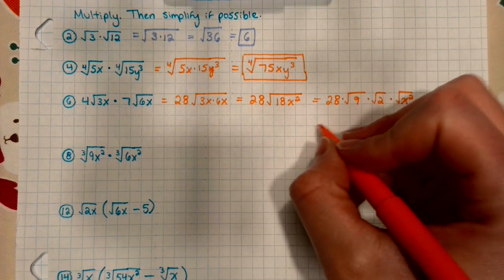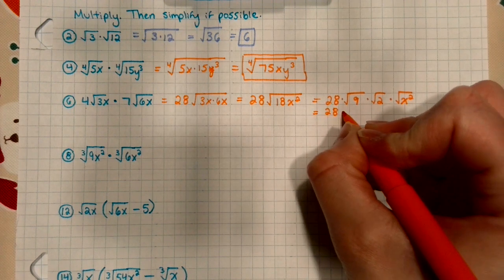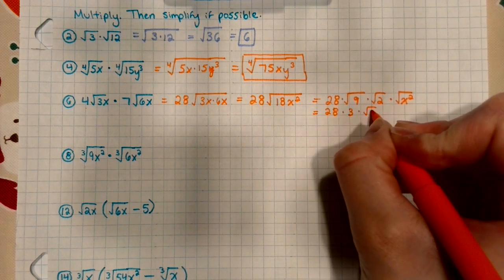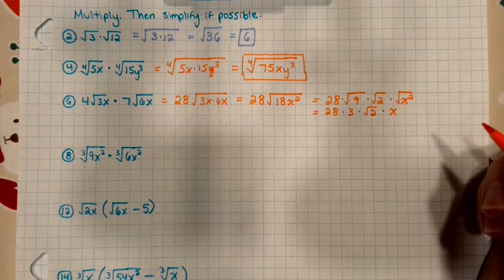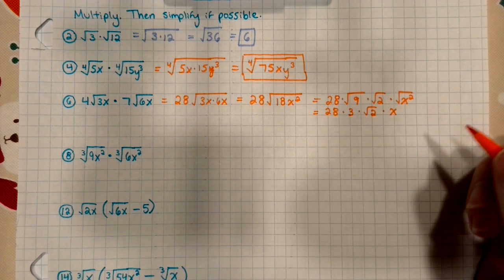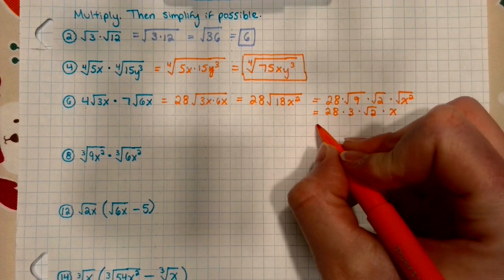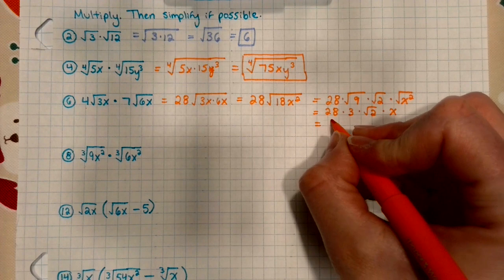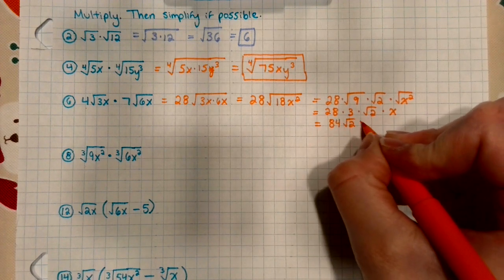Taking the square root of what we can, we're going to end up having 28 times 3 times the square root of 2, because we can't go any further with that one, times x. We have to multiply this out. 28 times 3 is going to be 84, and then times the square root of 2, and then x.